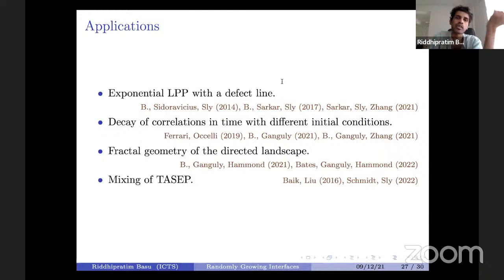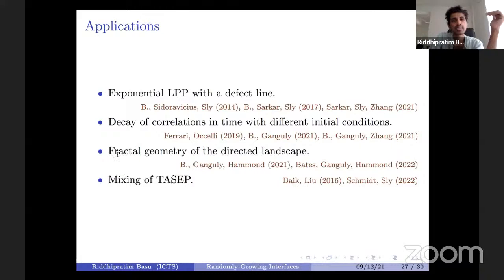For example, you can study exponential LPP with a defect line, where you can speed up or slow down the speed at which the interface is growing at one particular location. So you introduce a defect. For that kind of defect, you can use the understanding of the geometry of the geodesics to understand the behavior of the defective model.